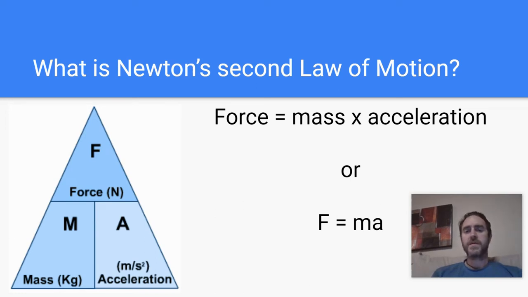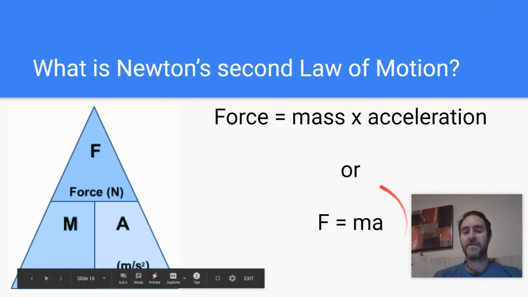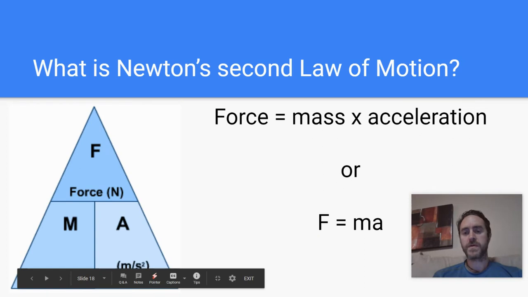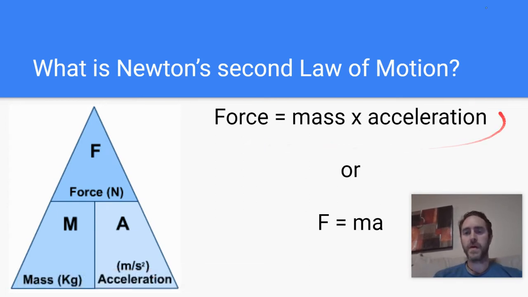If you're trying to figure out, okay, I have this item and it has this much mass and it's accelerating at this rate, what force do I have behind it? So that's why we have force equals mass times acceleration. Most people just remember it as F equals ma. If you remember that F stands for force, m stands for mass, and a stands for acceleration, then you can remember the whole equation up here.